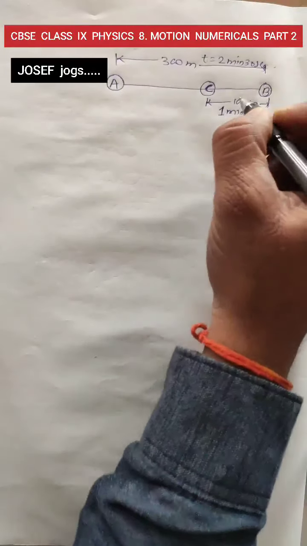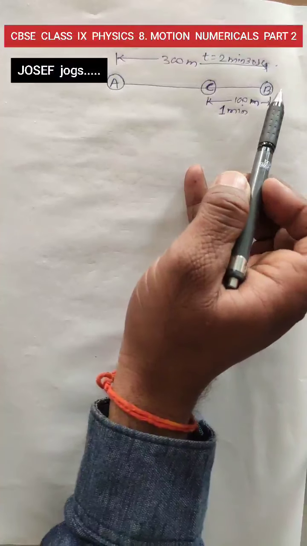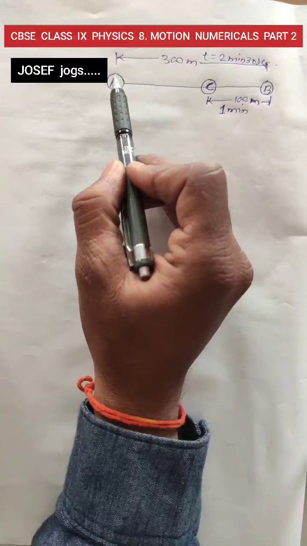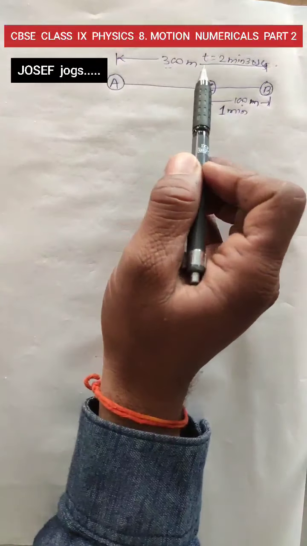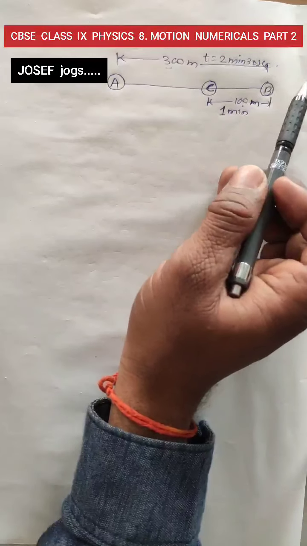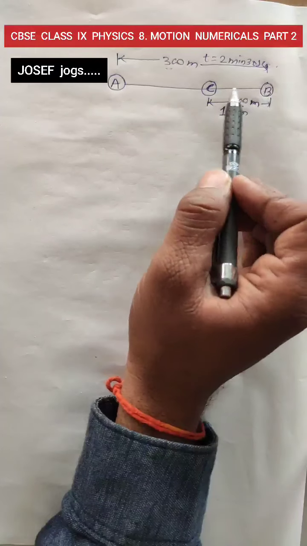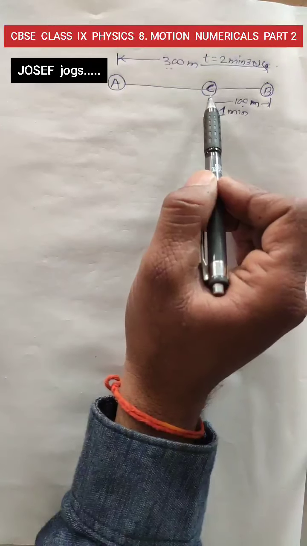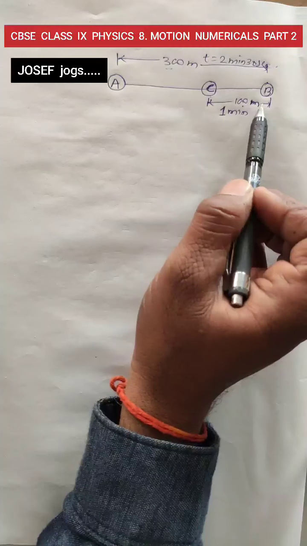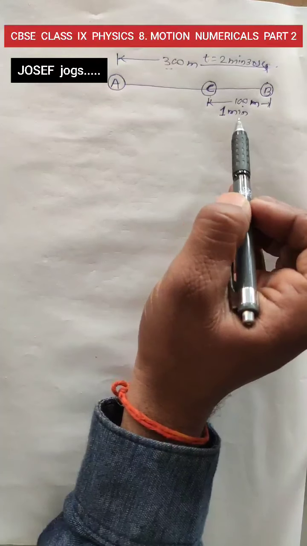So Joseph starts jogging from the point A and reaches the point B, the other end of the road. The distance between them is 300 meters, and Joseph takes 2 minutes 30 seconds from A to B. When Joseph reaches point B, he turns around and comes back toward point A, up to the point C. The distance between B and C is 100 meters, and Joseph takes 1 minute to cover it.